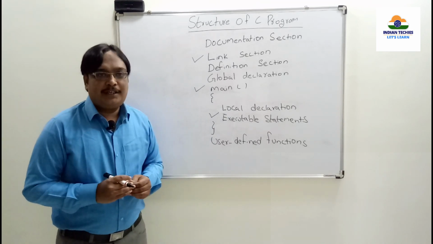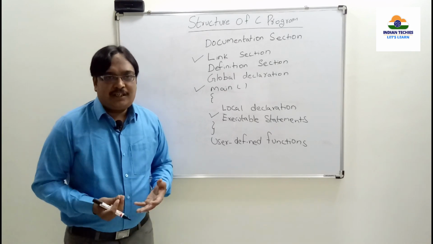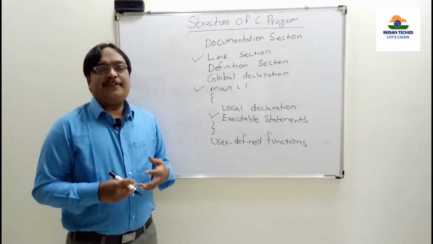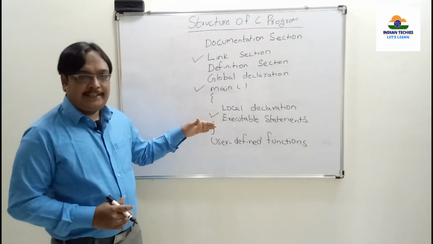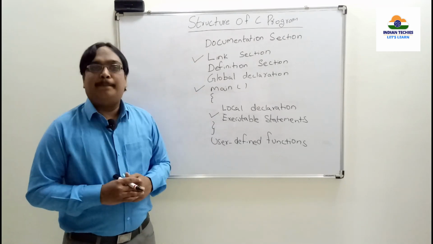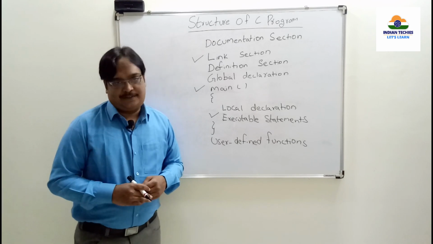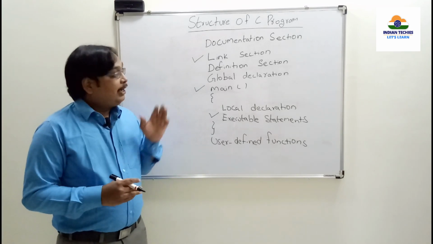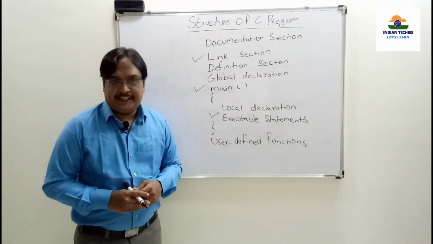What do you mean by optional? Based upon your programming situation, a user can decide which should be added and which should not. But link, main, and executable parts, these three sections are compulsory and mandatory to execute a program successfully. Now, let's discuss each and every section in detail.